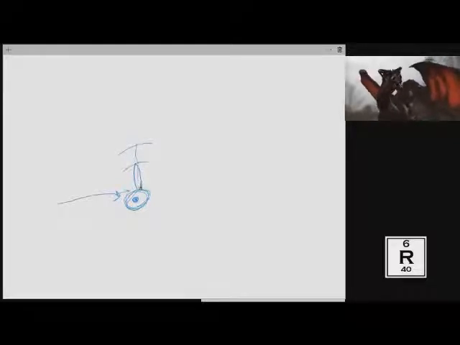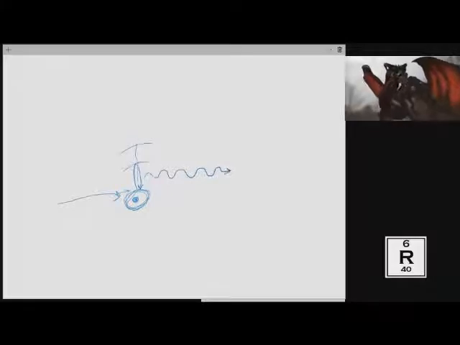So as it falls back down, it took energy to rise, and then as it falls back down, it releases energy. And that energy will be in the form of a photon. And so photons have these wavelengths. So it will release a photon of energy. And if the wavelength happens to be in the visible spectrum, we see this light.